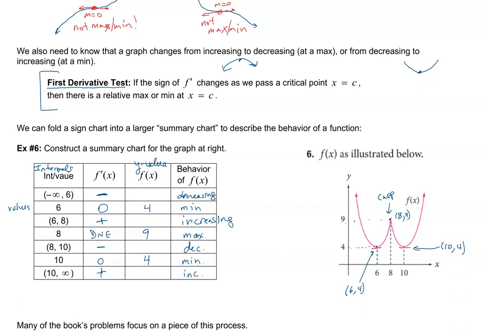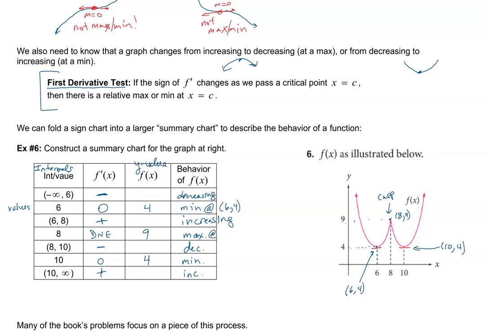So it seems obvious. The picture is right there in front of us, right? So part of what we're doing is practicing using words like increasing, decreasing, and max and min to describe what's going on in the graph. And we're also reinforcing, reconnecting the idea of slope as telling us whether the graph is increasing or decreasing. And then y values are giving us locations. So what I might even do is really emphasize that we have a minimum at the point 6, 4.